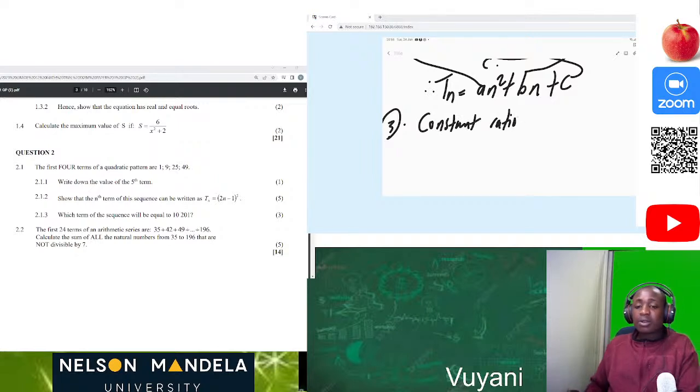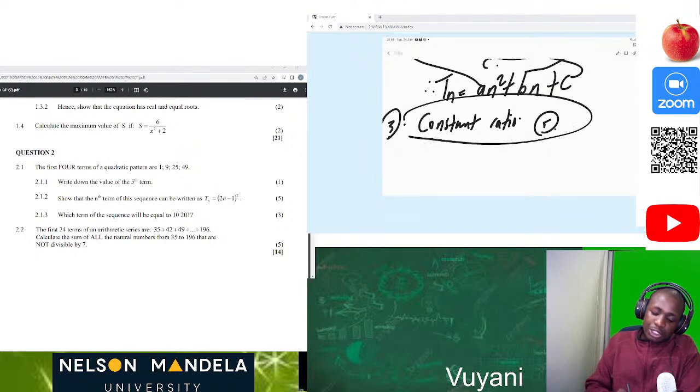The arithmetic sequence has a constant first difference. Then the quadratic sequence has a constant second difference. Then the third one has a constant ratio, which means the value of r is always the same. And this sequence is called the geometric sequence.